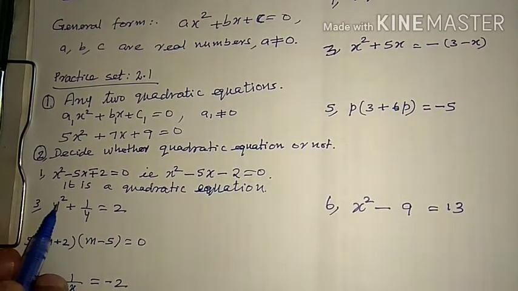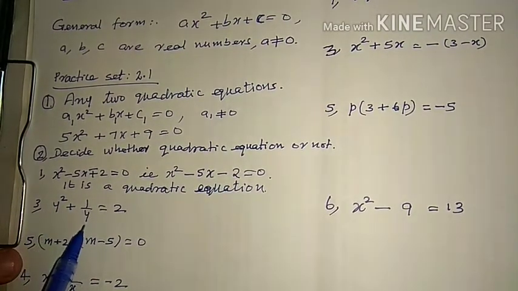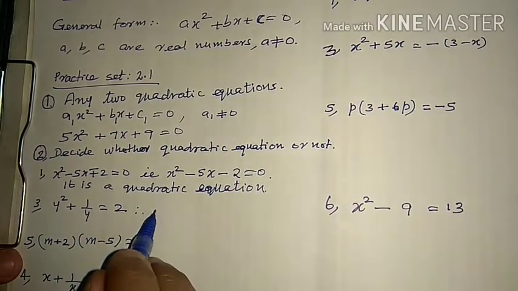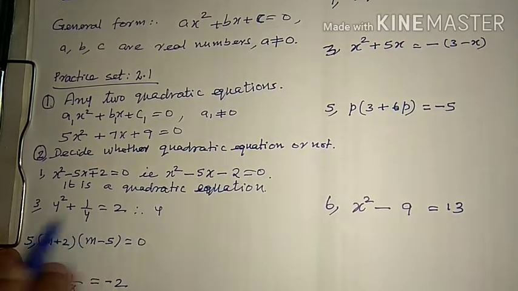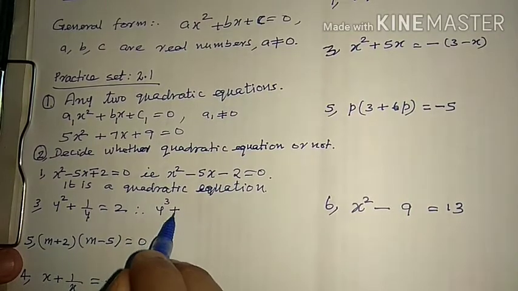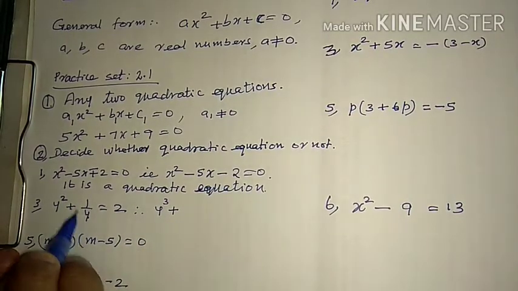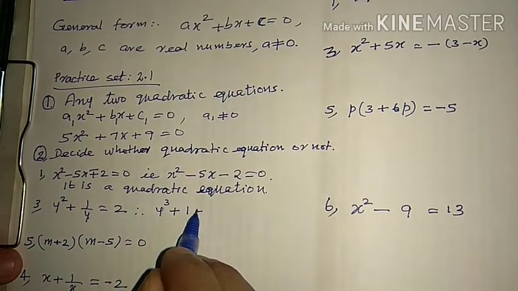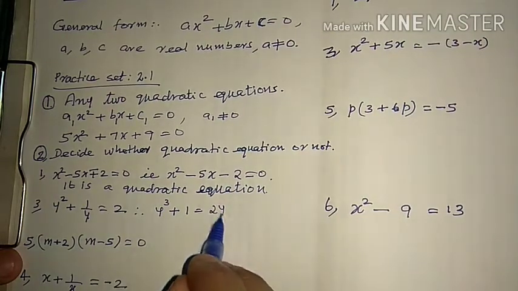This third one, y square plus 1 by y equal to 2. We don't want denominator y. Therefore, we multiply throughout with this y: y into y square is y cube, plus y into 1 by y cancels, 1, equal to 2 into y.